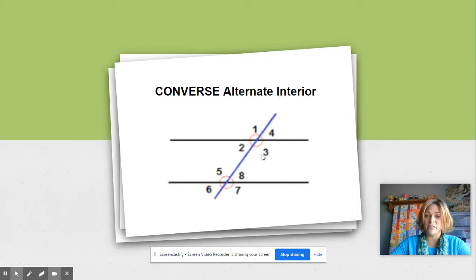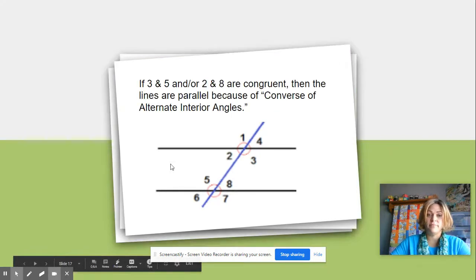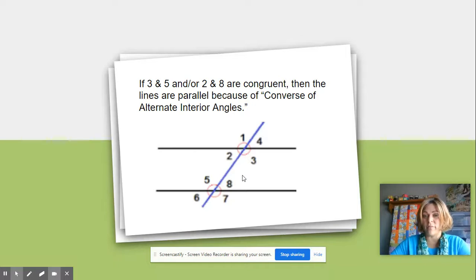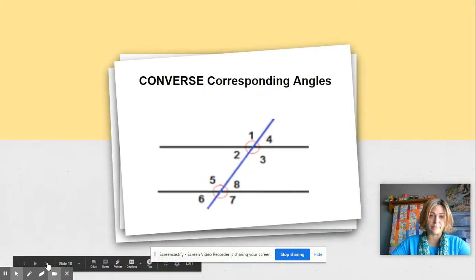So alternate interior would be 2 and 8. If those two angles are congruent, the lines are parallel, or 3 and 5. 3 and 5 or 2 and 8. And it could be either set, or it could be both sets. You don't have to prove both of them, but at least one of the sets has to be congruent to prove that the lines are parallel.